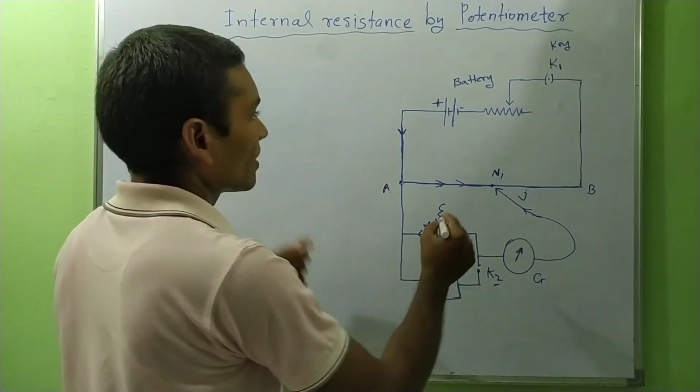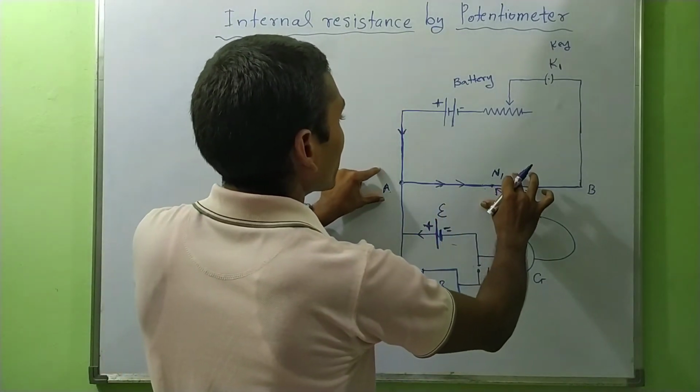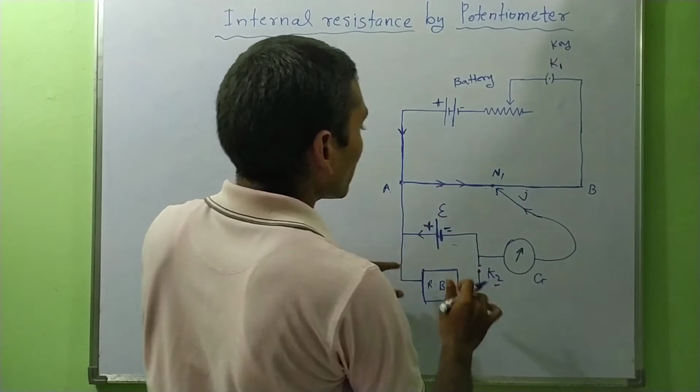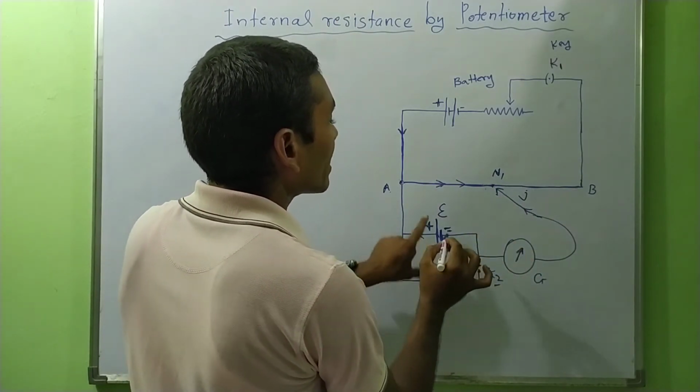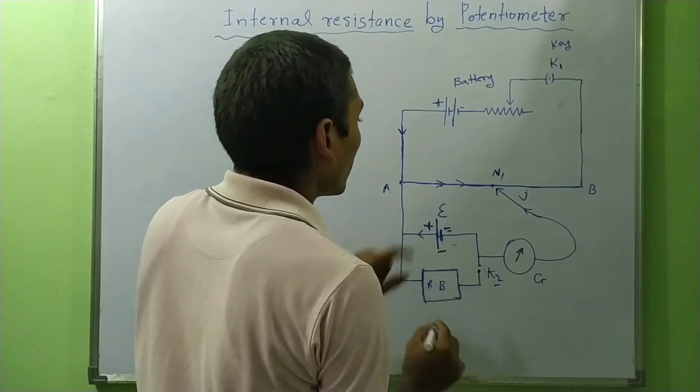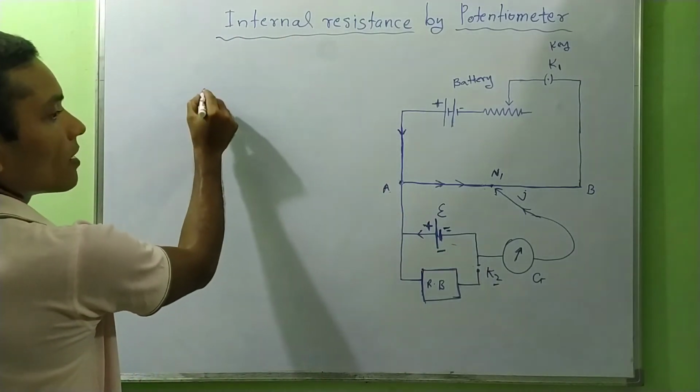In this condition, the potential drop between point A and N1 is equal to the potential difference between the two terminals of the cell.